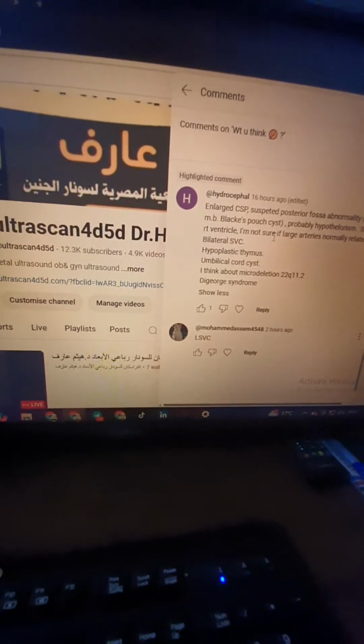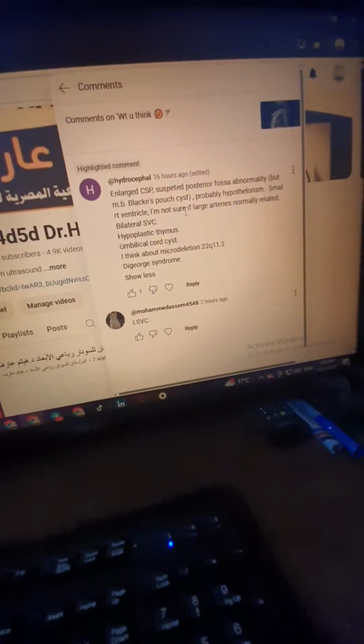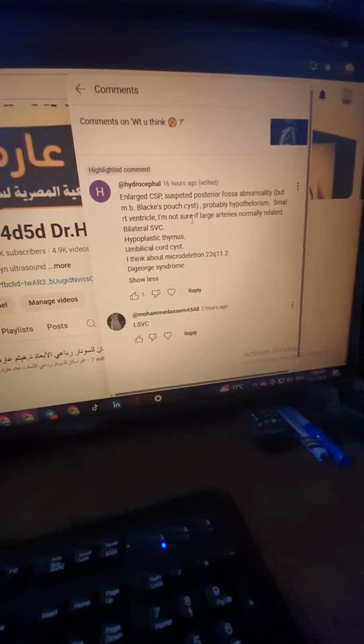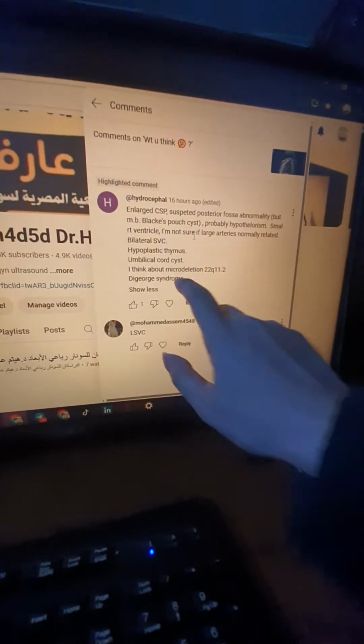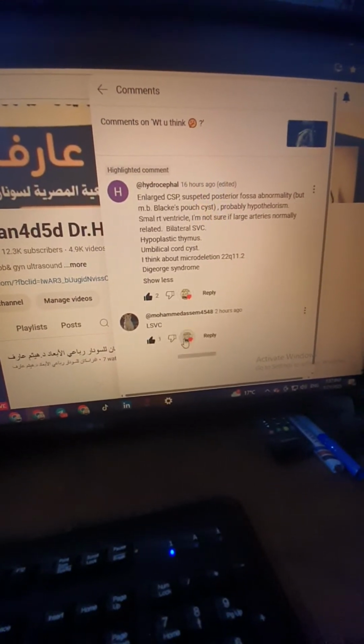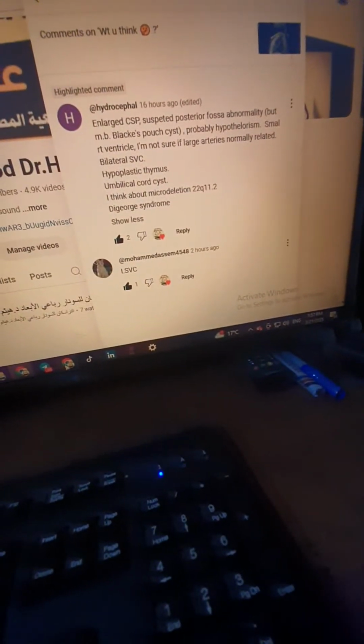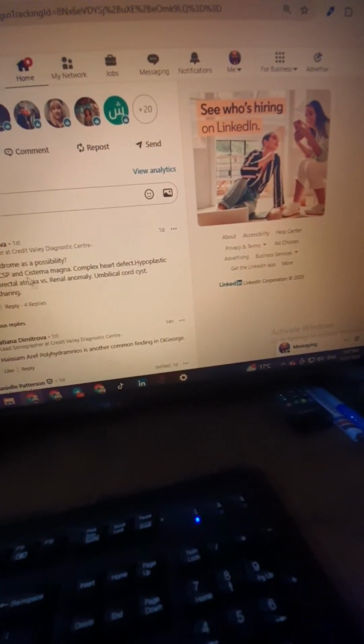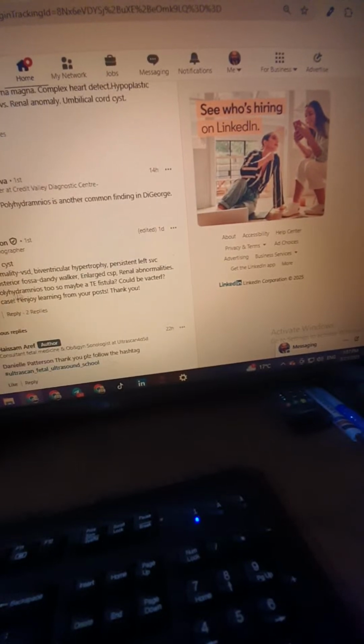It's not Blake's pouch cyst. It's hypothyroidism, yes. No, both ventricles, microdeletion, DiGeorge syndrome. Bravo, bravo, bravo, my friend. So let's put our answer in a good manner and go and take the comment here, DiGeorge syndrome, as a possibility.